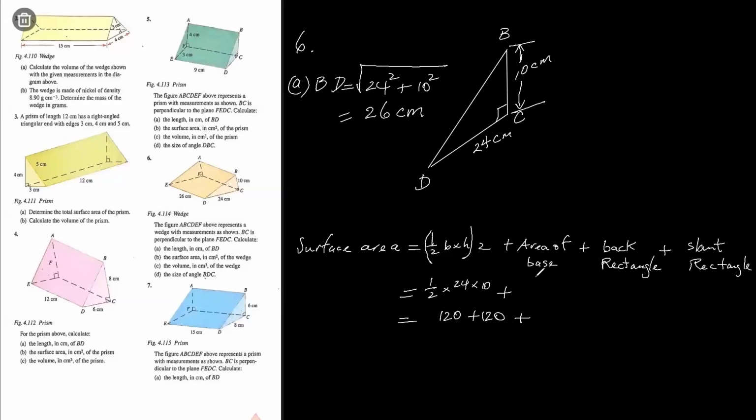What are the dimensions of the rectangle? What are the dimensions? It will be what? The base. How much? 26 by 24. 24, correct. 26 by 24, which is 624.